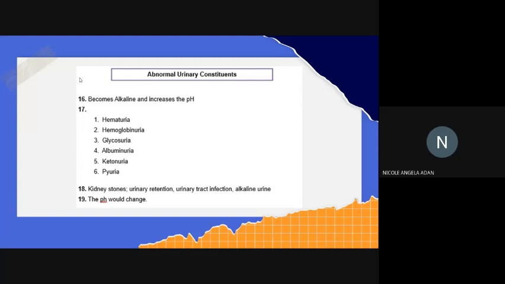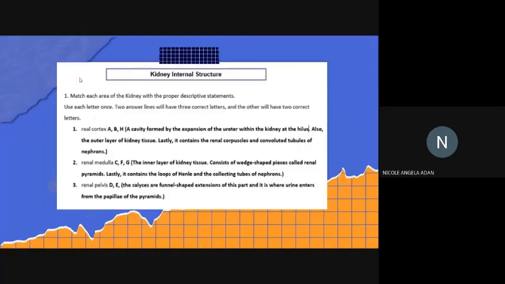Well, you should expect that the pH would change in a sample stored at room temperature. So that's all for the functional anatomy of the urinary system under the urinalysis characteristics of urine.